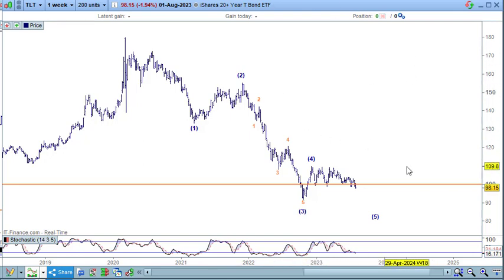I have to double check, but as far as the patterns are concerned, and the Elliott count here, we should be coming down further. You know, we should be for this particular market anyway.